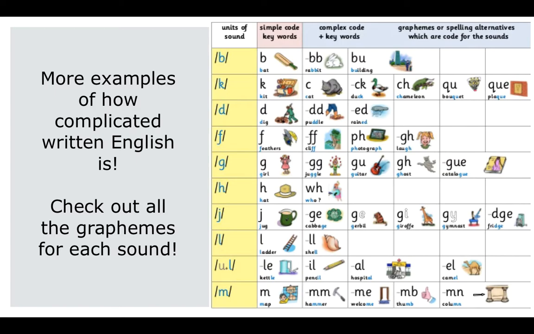Same with K. K can be a C, like in cat, or it can be a C and a K, duck. Chameleon: the CH isn't making a "ch" in this word, it's making a K sound. Same in bouquet, the Q and the U, or in plaque, the Q-U-E. So students just have to memorize these and learn the patterns. And there's obviously quite a few of them, as you can see by this image.